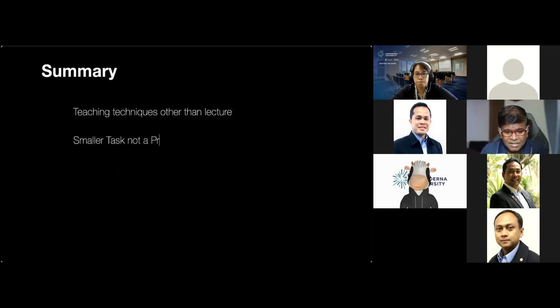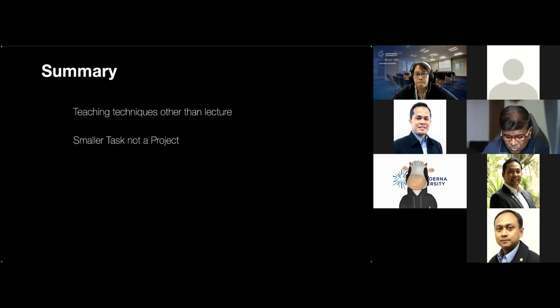So in summary, what are some of the things that we looked at? Active learning is teaching techniques other than lecture. So that's basically what it is. It consists of smaller tasks. It's not a project, but sometimes a project can consist of smaller active learning activities, but it is not the project.